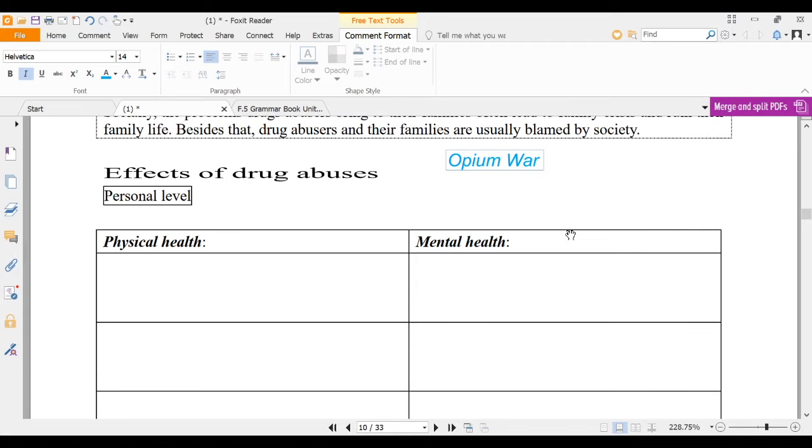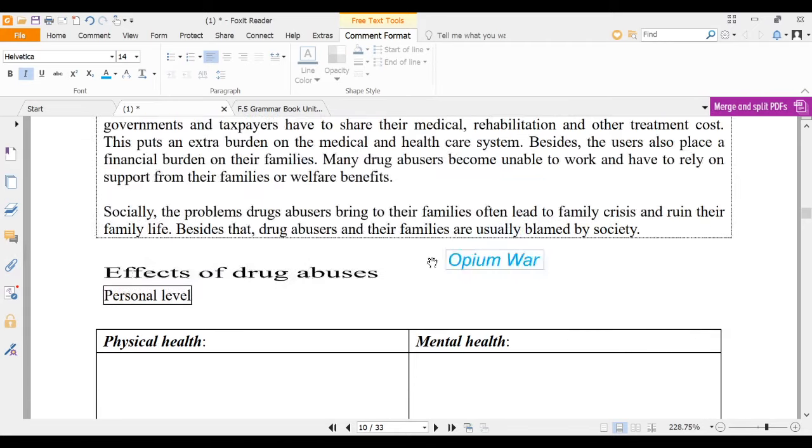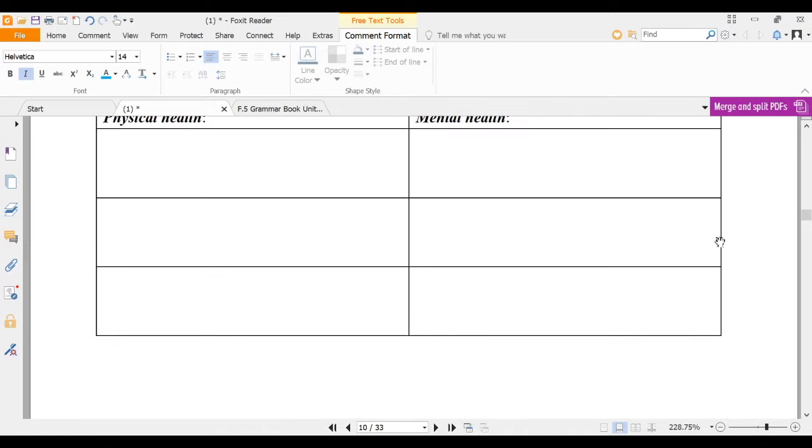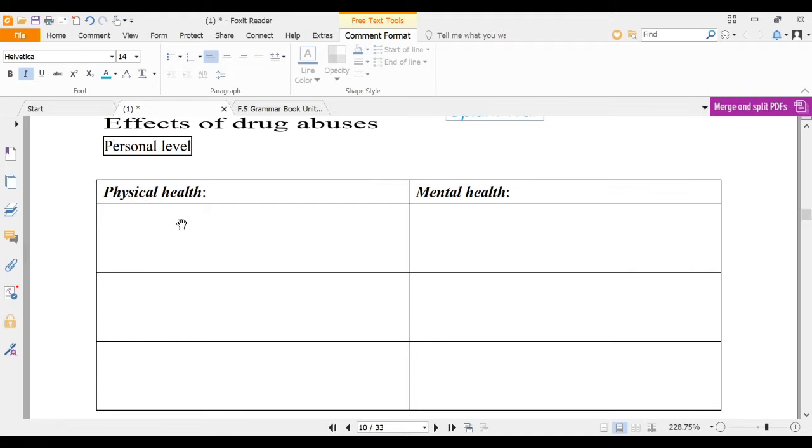Effects of drug abuse. There could be a lot of them. I don't think I'm going to talk about them one by one. You can read it yourself. For example, physical health, like high blood pressure, the hands shaking, skin problems, etc. Why don't I just write down very quickly?